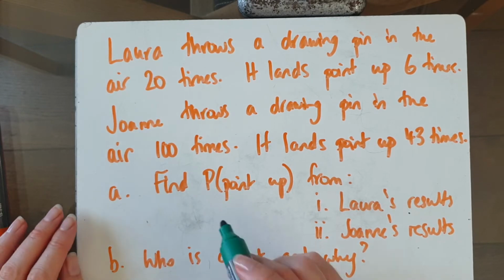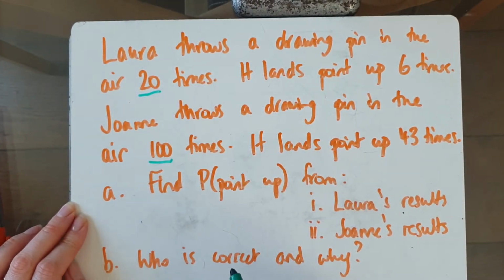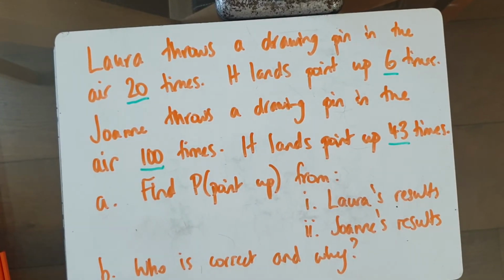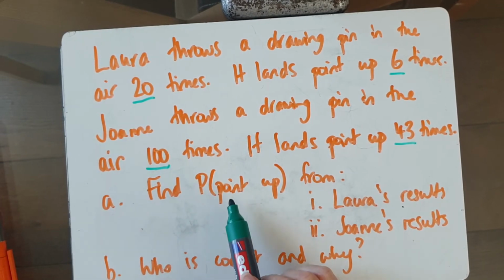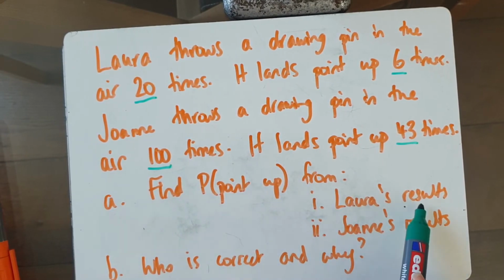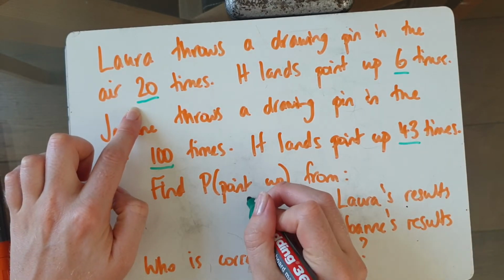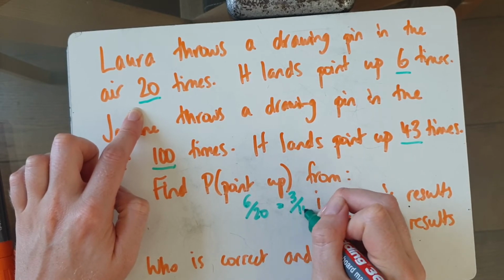So the key information here is how many times each of them threw the drawing pin and how many times it landed point up. Now, the probability that it lands point up from Laura's results is 6 times out of 20, which simplifies to 3 out of 10.